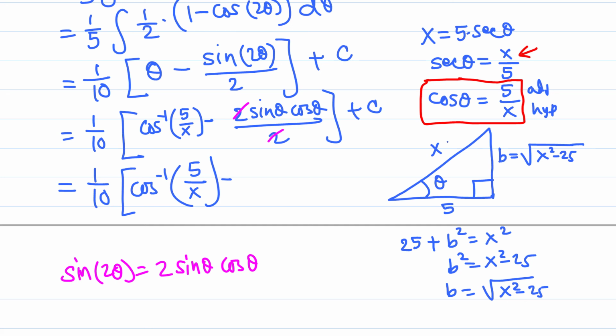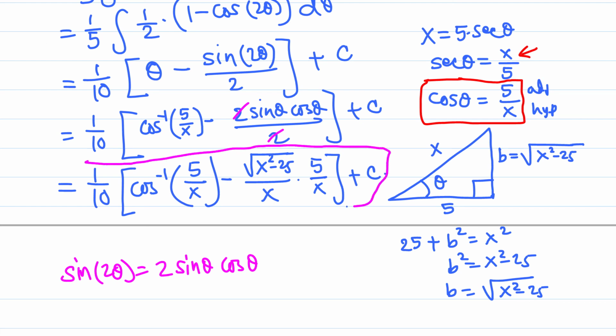Sine is opposite over hypotenuse, so square root of x squared minus 25 over x, times cosine theta, which is adjacent over hypotenuse, 5 over x. We cannot multiply inside and outside of the square root, but x times x is x squared. That's just minor. I'm going to leave it here, plus c is the final answer. Okay, final.